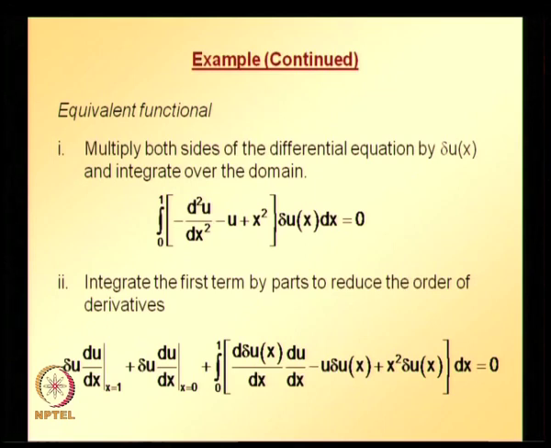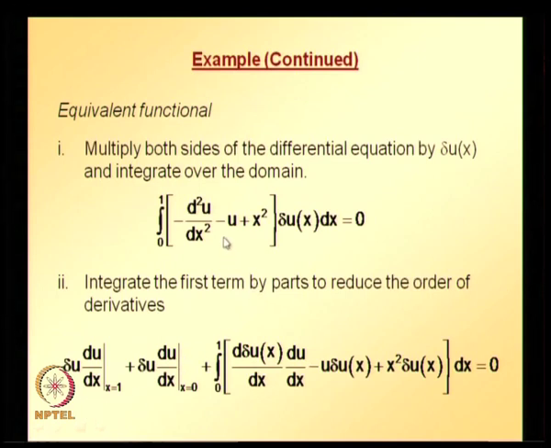And the second step in obtaining the equivalent functional is, for any term which has a higher derivative, use integration by parts and reduce it to lower order derivatives. If you see this equation, the first term has the second derivative of u, so we can reduce this second derivative of u to the first derivative of u by applying integration by parts to the first term. So that is what is done here.